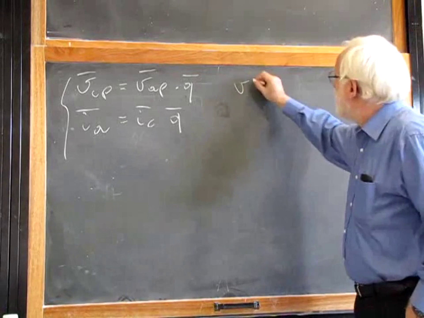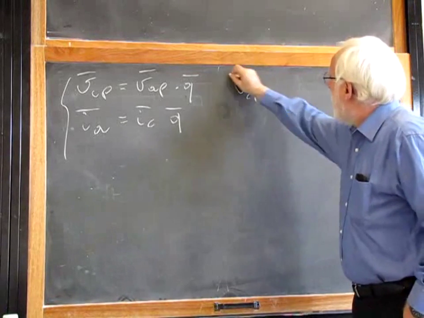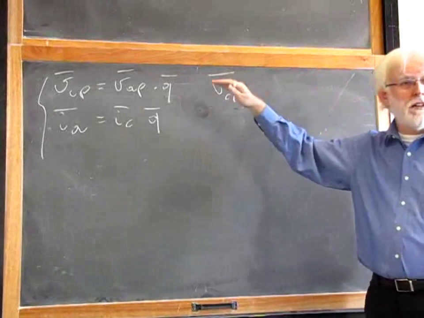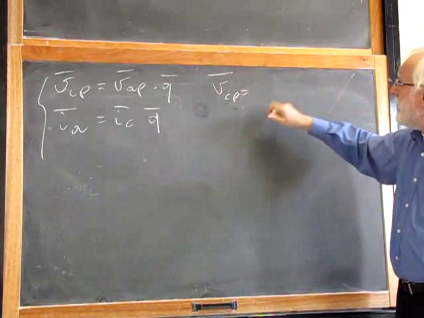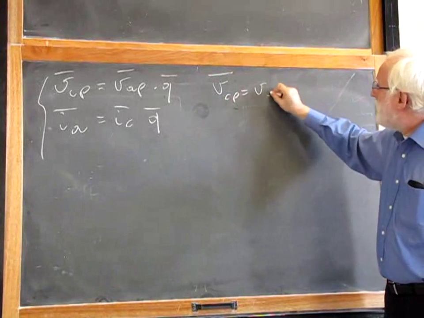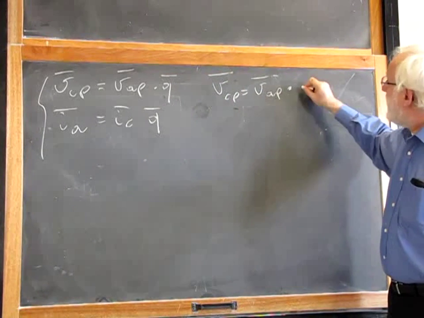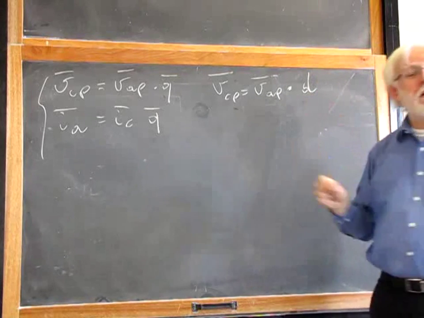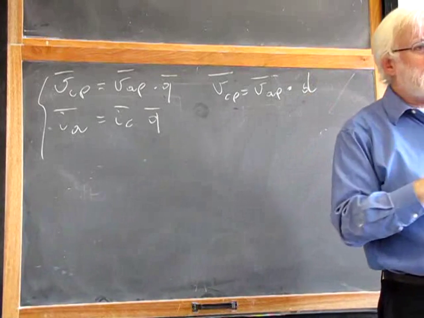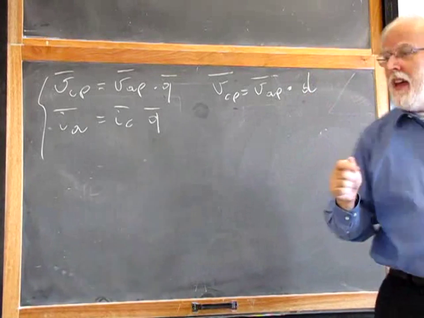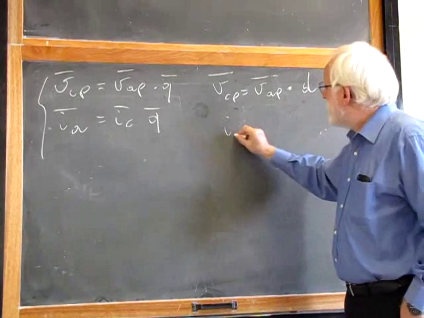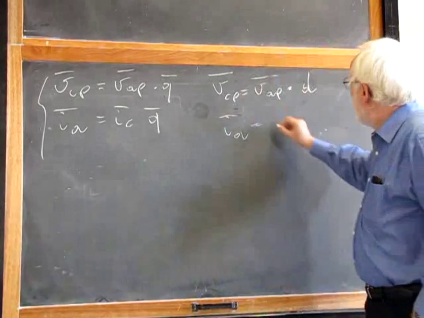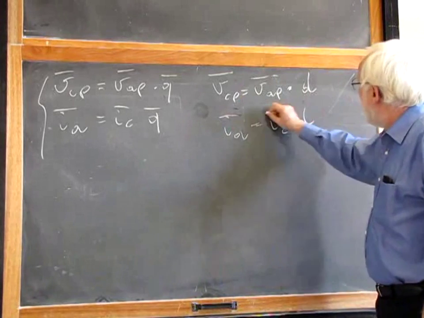So these equations become VCP average, and from this point on, I will assume that everything is average. I will neglect to write down the average sign, equals VAP times D, duty cycle, and duty cycle is a continuous variable going from 0 to 1, and IA equals IC times D, average.